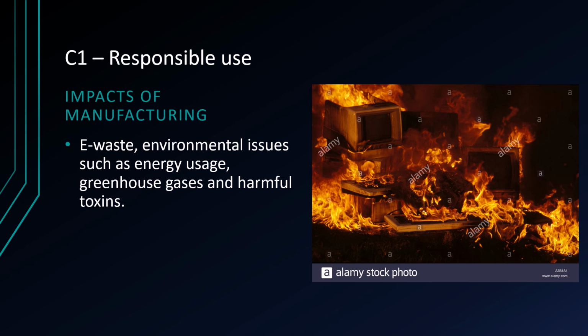So companies need to make sure that all the manufacturing is safe and secure and doesn't harm the environment, and therefore will decrease the risk of global warming. We might look at e-waste. Instead of putting old computers in landfill, we could recycle them. We could take out parts of the computer, recycle them, and reuse them on other products.